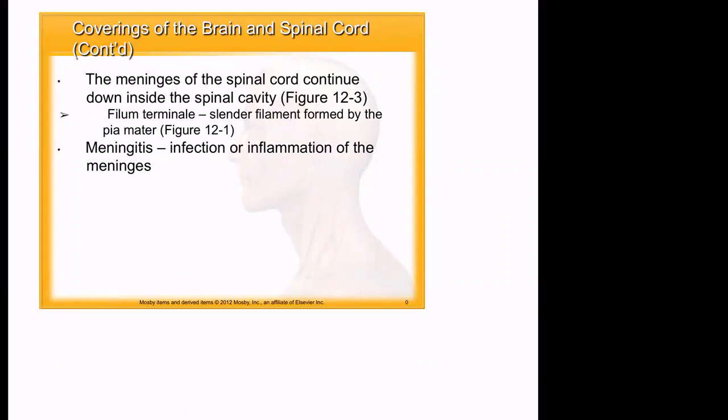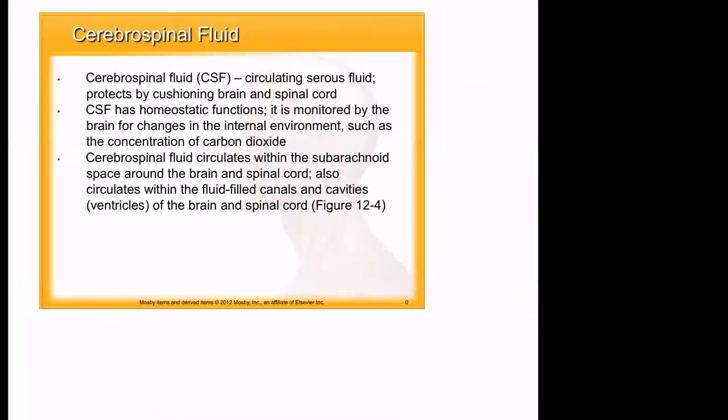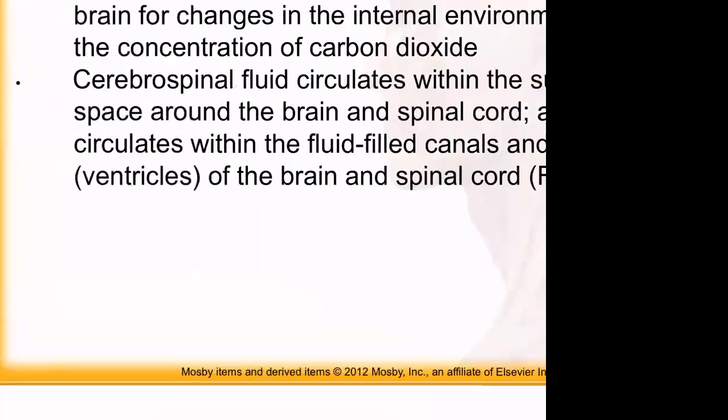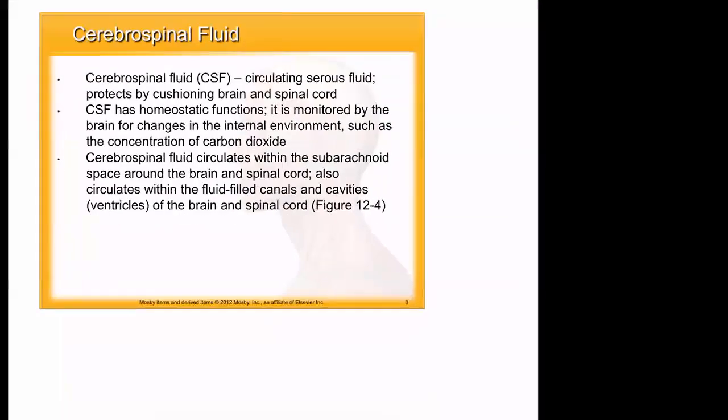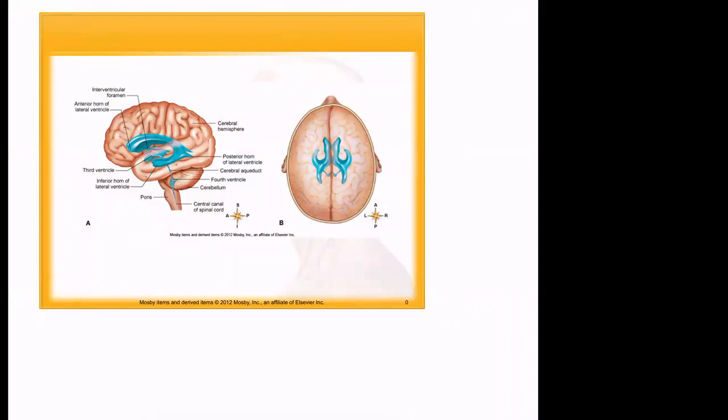Okay, I talked about the meninges, I talked about meningitis. CSF, I just talked about that. Notice it is created within the ventricles. The ventricles are empty spaces in the brain, and technically there are 4 of them. They're not completely empty. Inside, we find these cells called ependymal cells, a type of neuroglia cell.